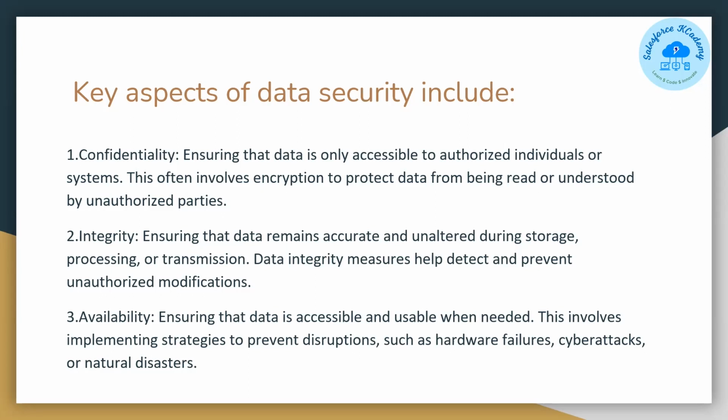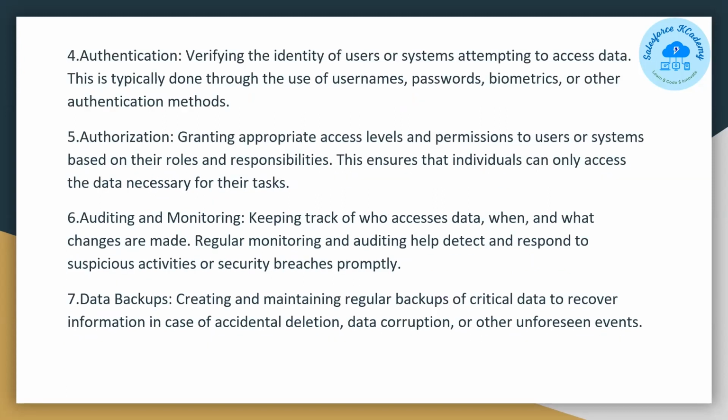So if someone comes into the object and modifies it, that should not happen. Then availability means ensuring the data is available and usable when needed. At the same time, we need to make sure we are following integrity and confidentiality. Then there are authentication and authorization. These two are different.